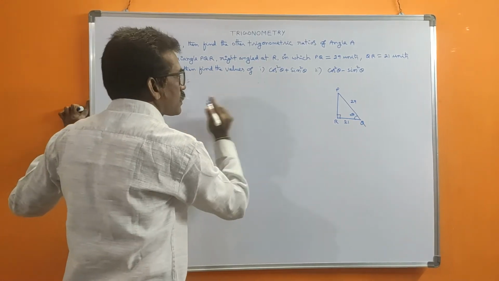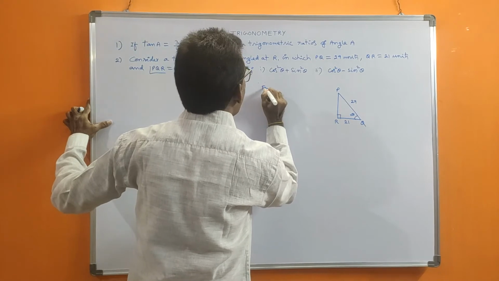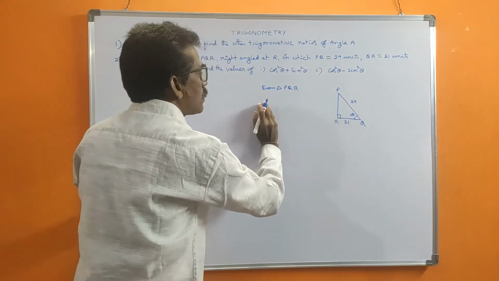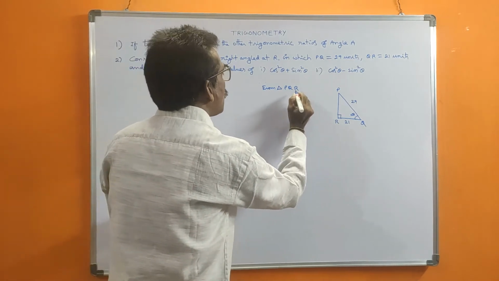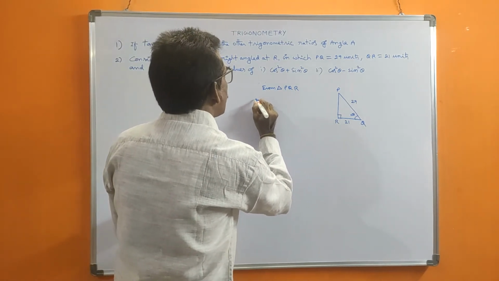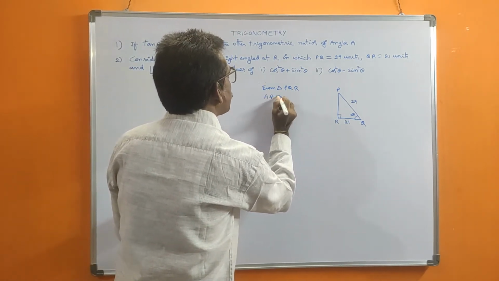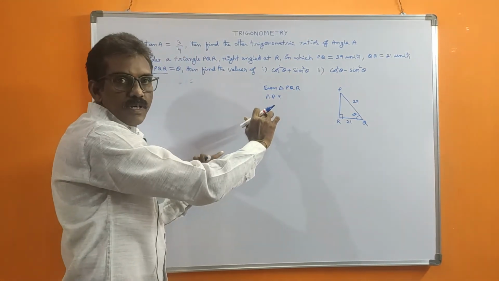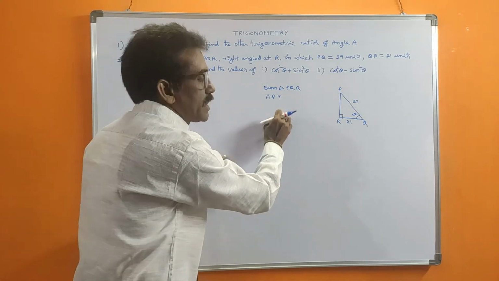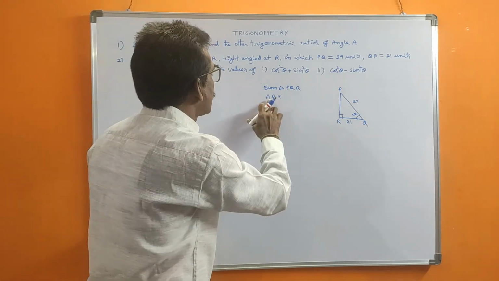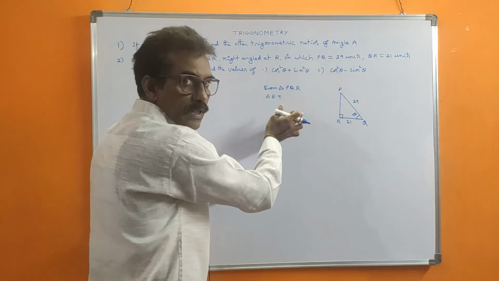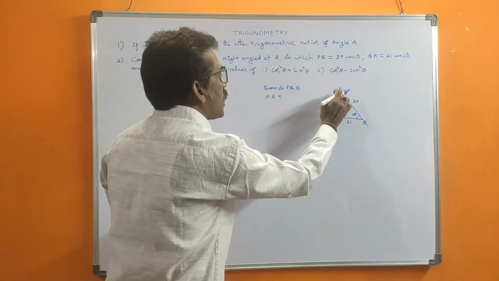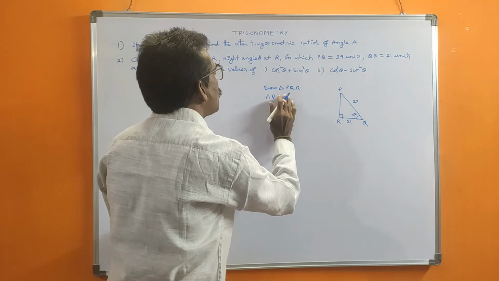From here I will start like this. From triangle PQR, according to Pythagoras theorem, you should write. If you want the full abbreviation you can write it, but I am writing simply because of time.